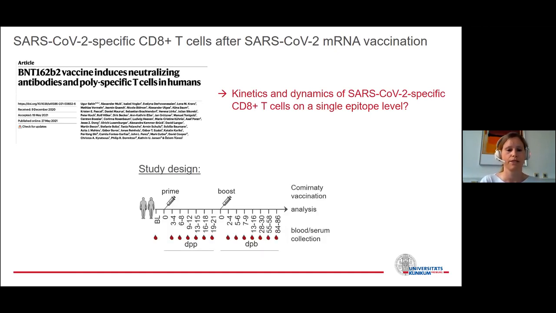And the study design was to follow 32 healthcare workers that had not been infected before. And we collected blood and serum at baseline until roughly 200 days after boost in a 3 to 4 day interval. So really tight collection of blood.